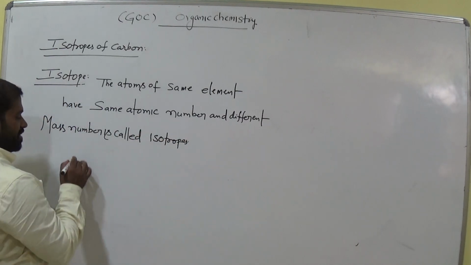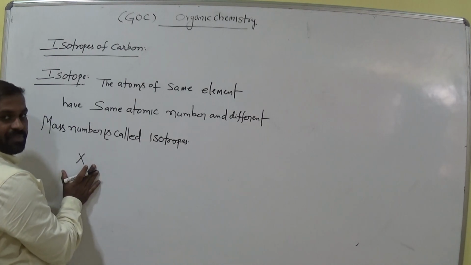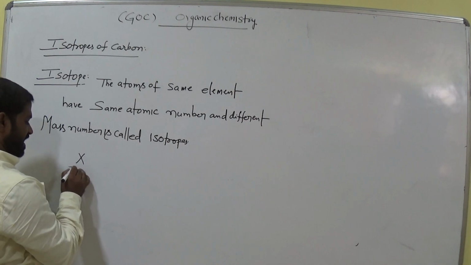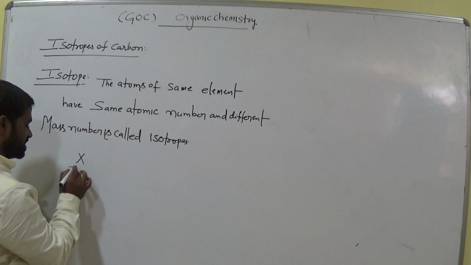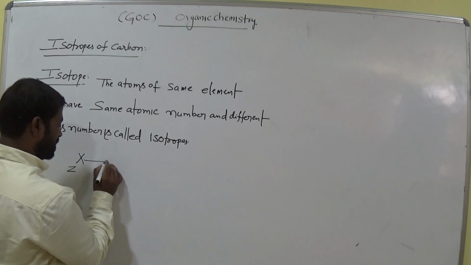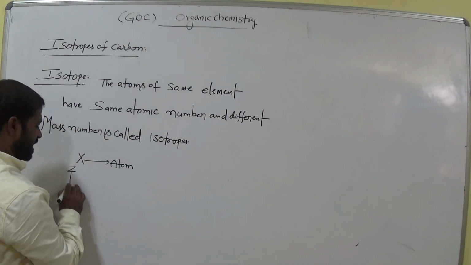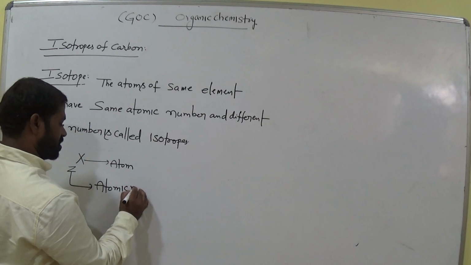Let's see, this is the atom. Now its atomic number is Z. Suppose carbon, what is the atomic number? 6. Z represents the atomic number.